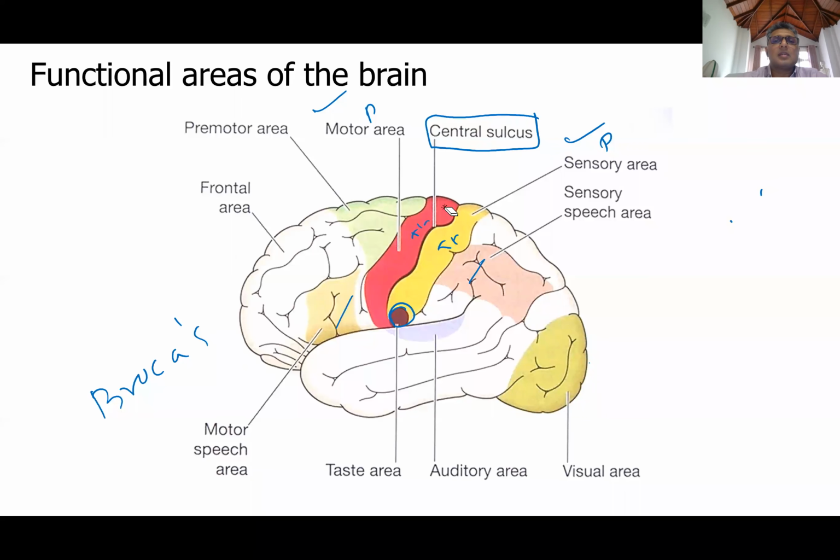They are referring to the representation of the body in these two areas, motor area and sensory area. Now the representation is actually upside down. Head here, feet on that side, and the upper limbs here. So here also it's the same thing. So this representation is called homunculus.